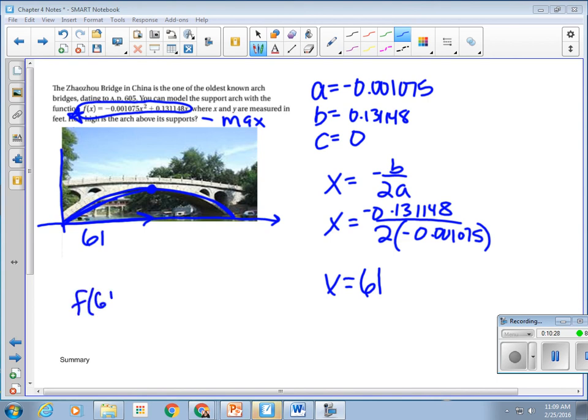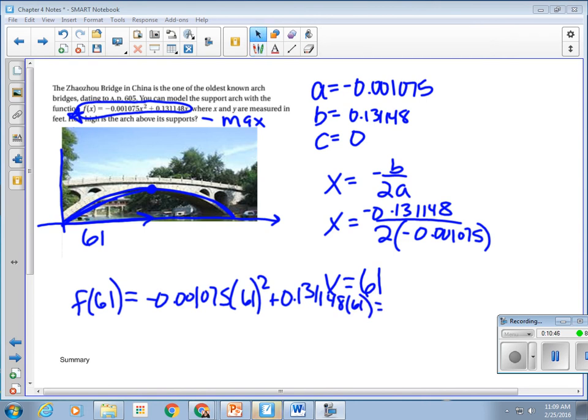So f of 61 equals negative 0.01075 times 61 squared plus 0.131148 times 61. We plug that into our calculator, and our y value at 61 equals.